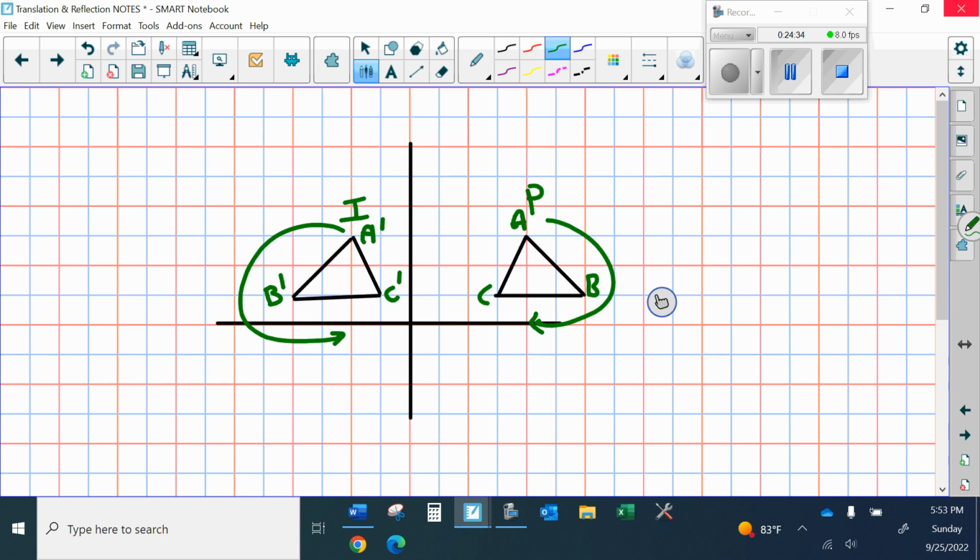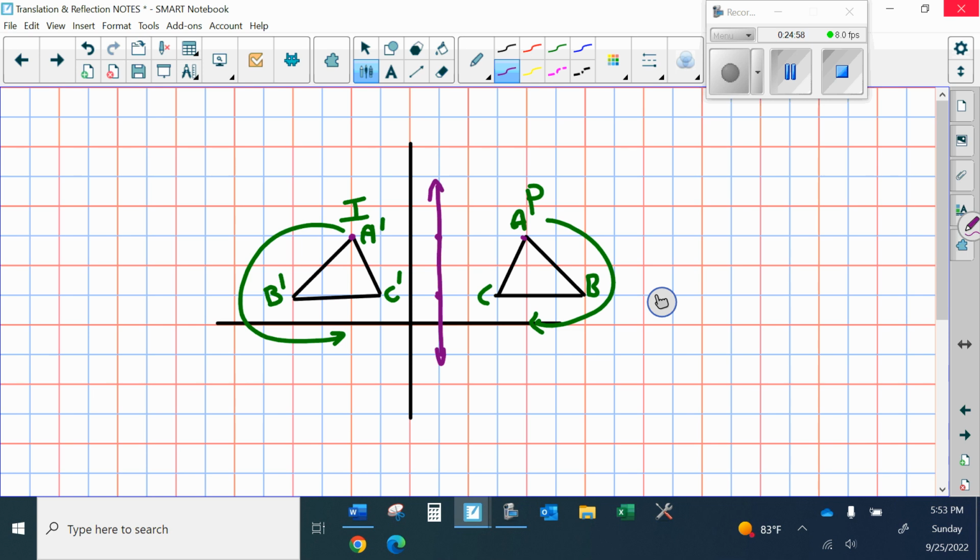So where do I find out where that line is? I take the midpoint of two corresponding points, so A and A prime. How far is that? 1, 2, 3, 4, 5, 6. So half of 6 is 3. 1, 2, 3. I can take the C's: 1, 2, 3, 4. Half of 4 is 2 right there. I connect those two points, and there's my line of reflection.